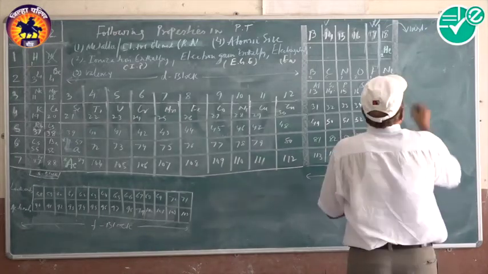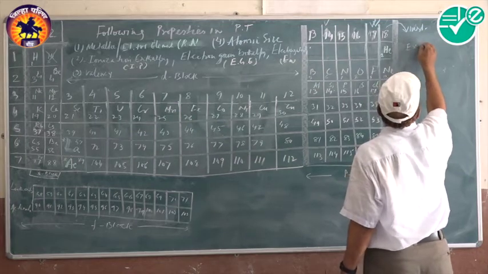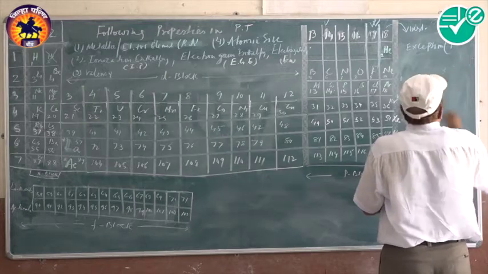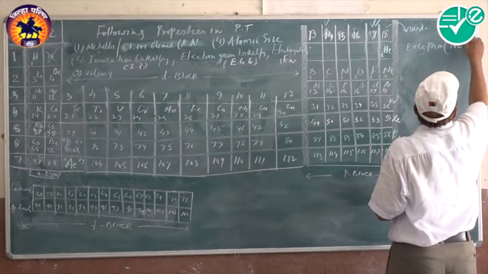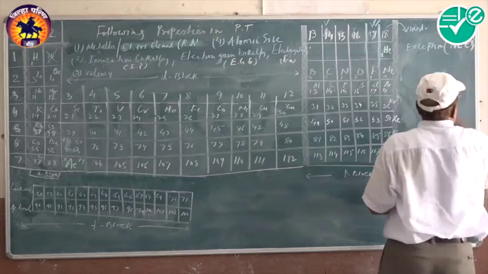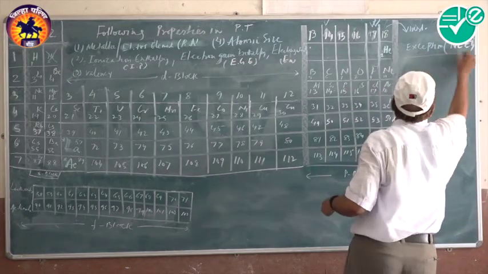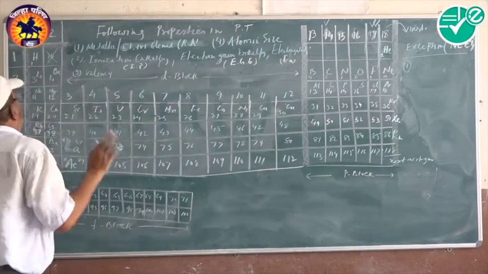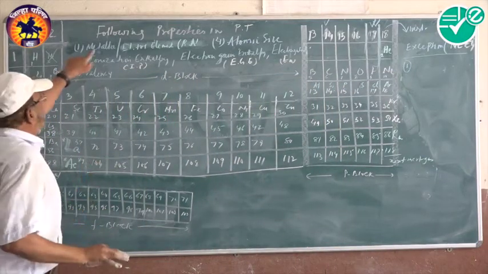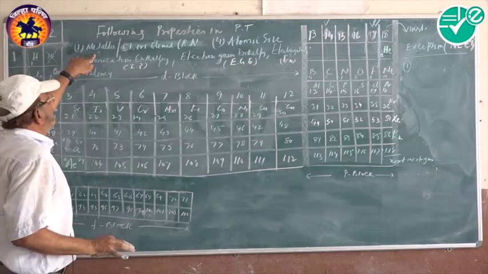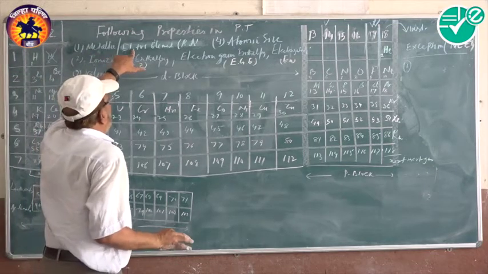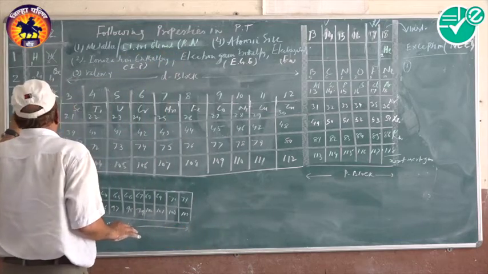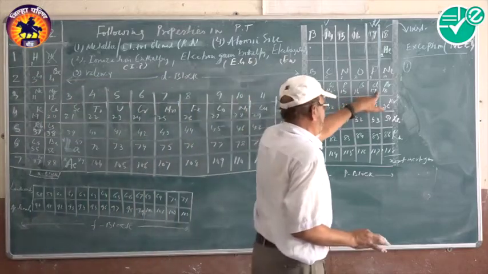Now we will discuss exceptions, which are very important for NEET point of view as well as for competition point of view. Exception, very important. In general, metallic property or electropositive property or reducing agent property from left to right is from high to low up to here.